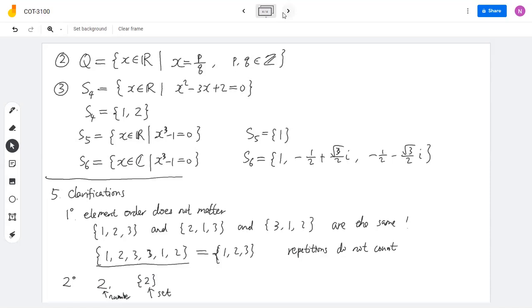And therefore, we may have a set like this: 1, {1}, 2, {2}, {1, 2}. This set contains 5 elements. The first element is the number 1. The second element is a set, which contains the number 1 as the only element. Similarly, the third element is a set containing the number 2 as the single element, and so forth.